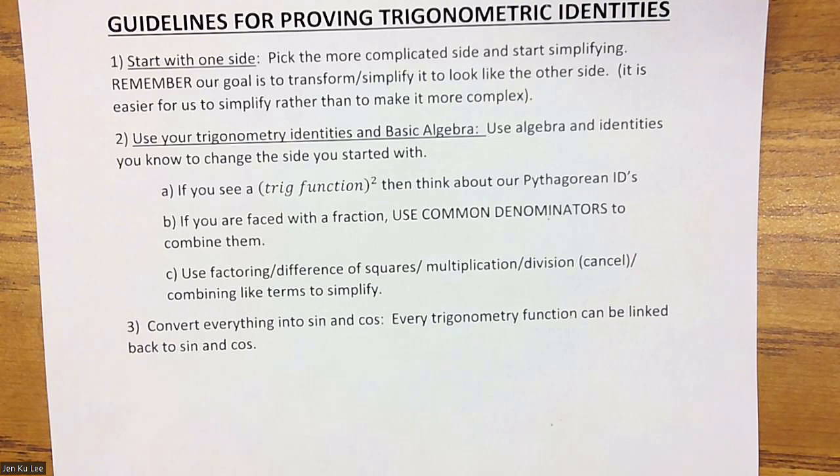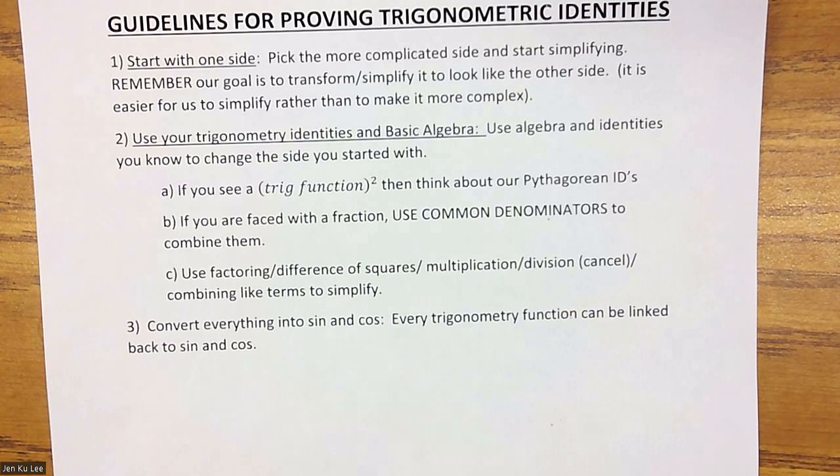So this is going to be an equation, left-hand side equals right-hand side. And all we got to do is make one side look like the other. So we're going to start off with one side, the more complicated side, and try to simplify it down to whatever the other side is.